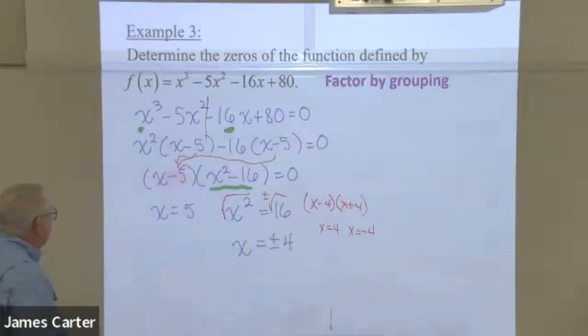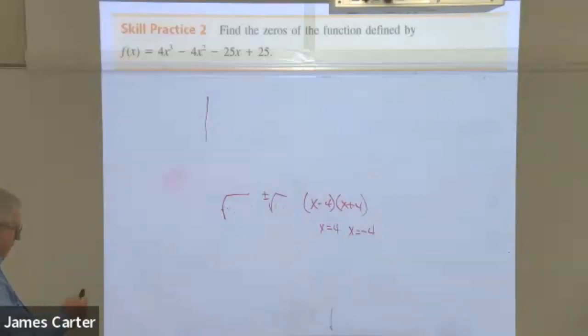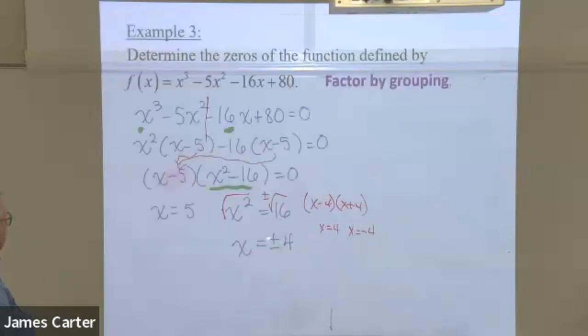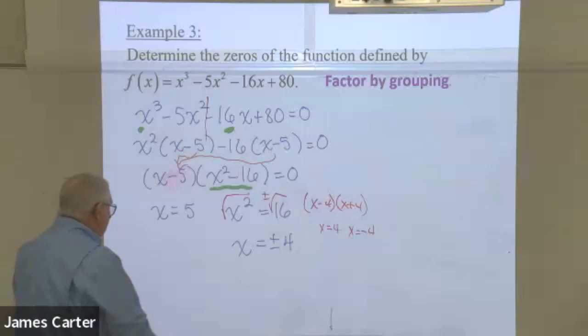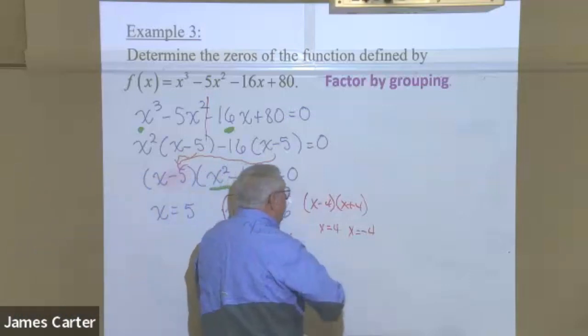So anyway, we've got that value of plus or minus 4 and 5. This 5 and those two 4s, plus or minus, are the solutions, or the zeros, or the roots of this equation. What does that mean?